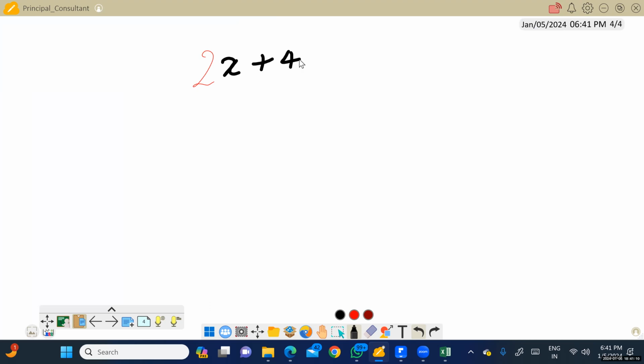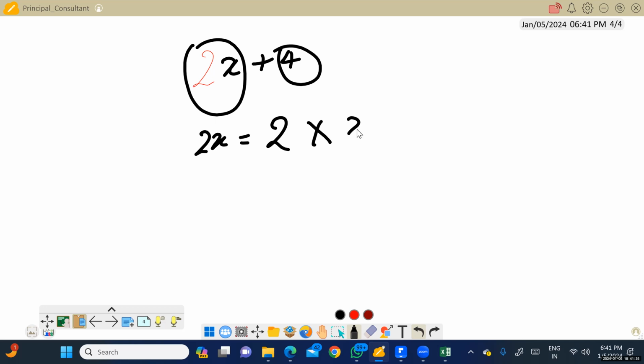Let's break this and let's break this. In English, when we break words, we call it etymology. Himangi, you understand, right? Yes, sir. Here, I'm breaking this, I'm breaking this. So when I break this, 2x means 2 into x. 4 means 2 into 2.